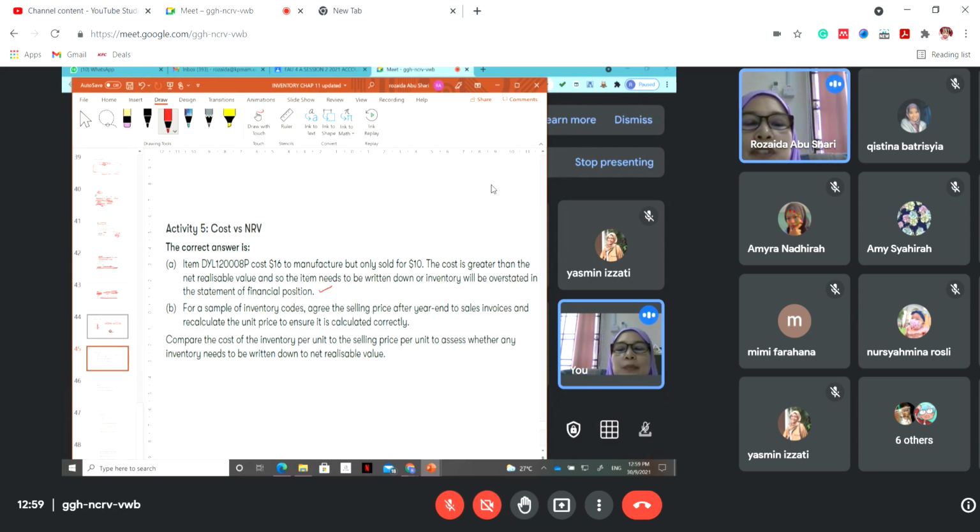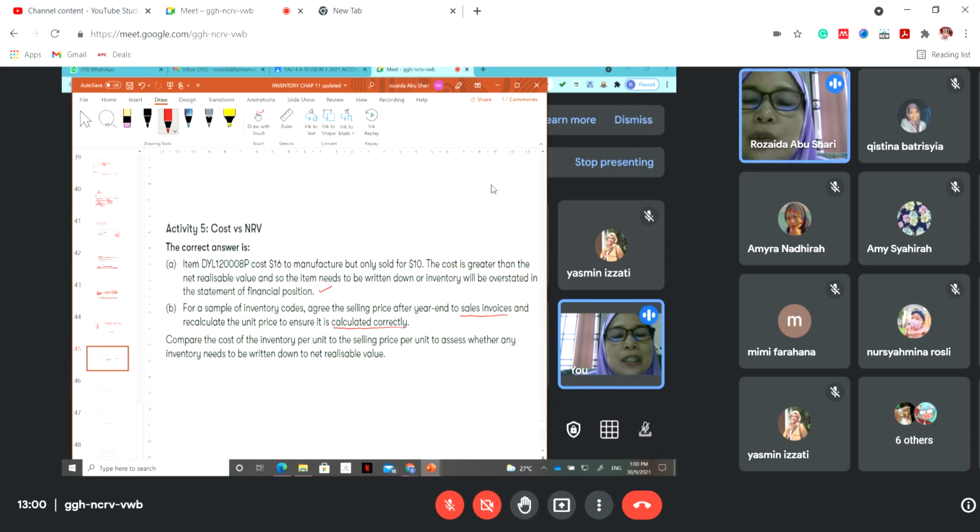For a sample of inventory codes, agree the selling price after year end to the sales invoice and recalculate the unit price to ensure it is calculated correctly. So that's how you deal with an item sold for less than NRV.